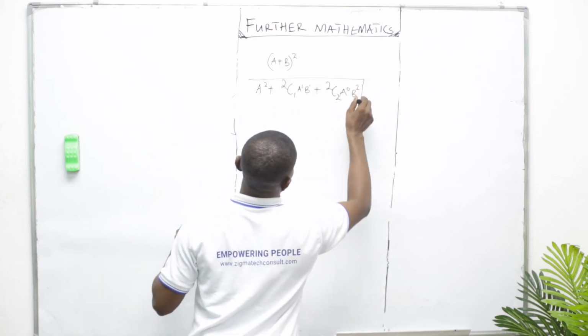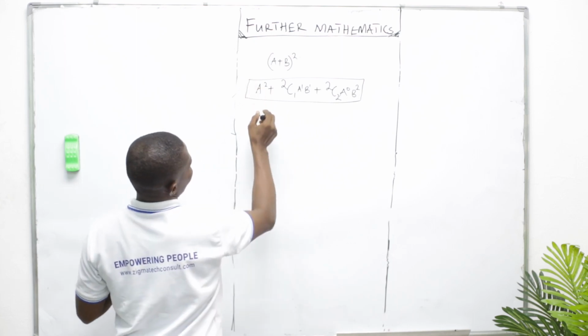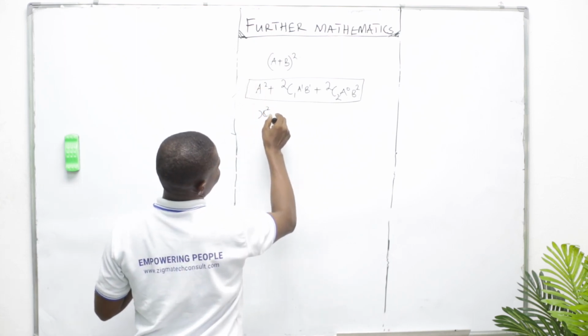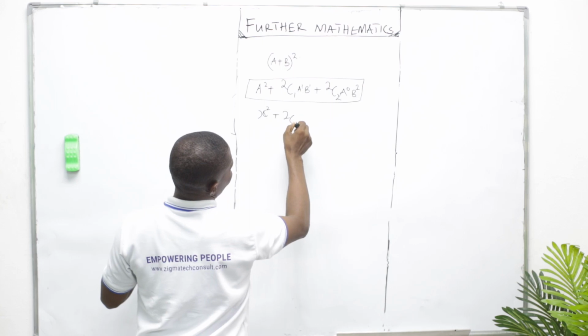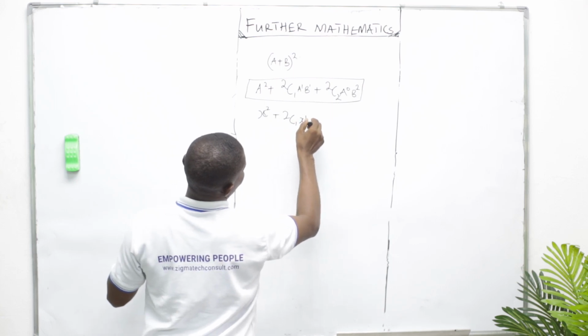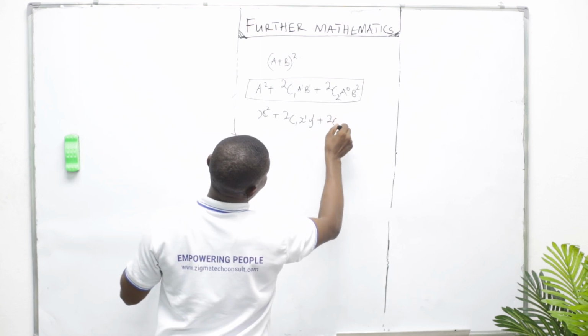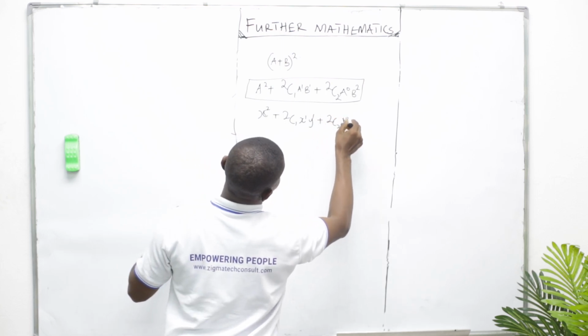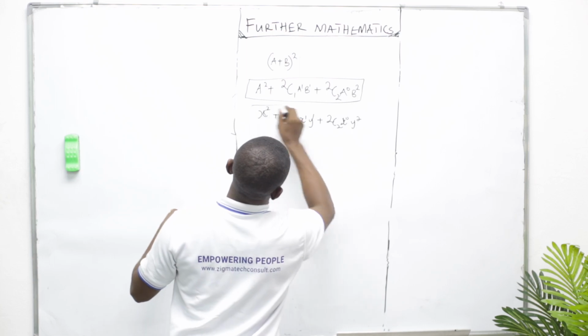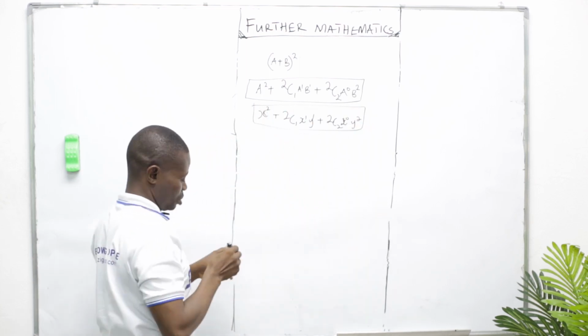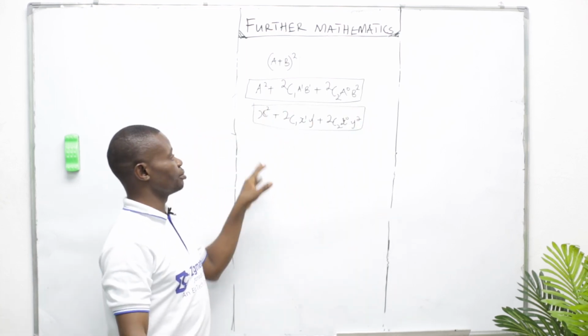Just know the foundation. You can also use x, as x squared plus 2 combination 1 x power 1 y power 1, plus 2 combination 2 x power 0 y squared. It depends on what you are using.